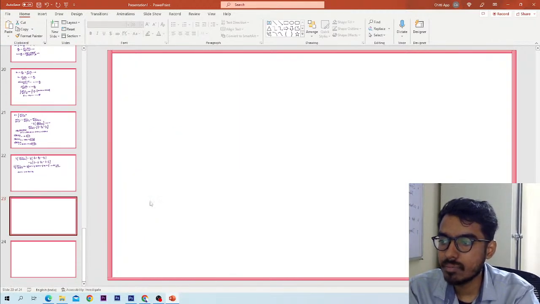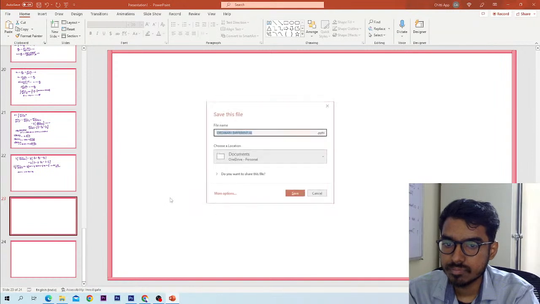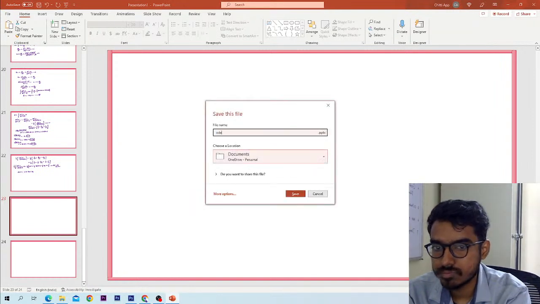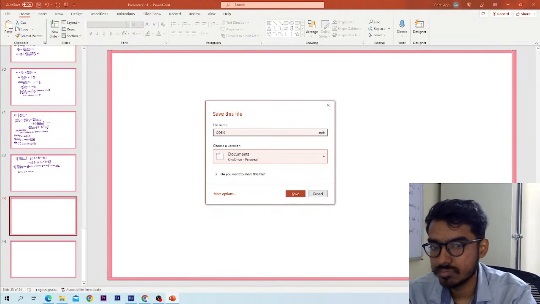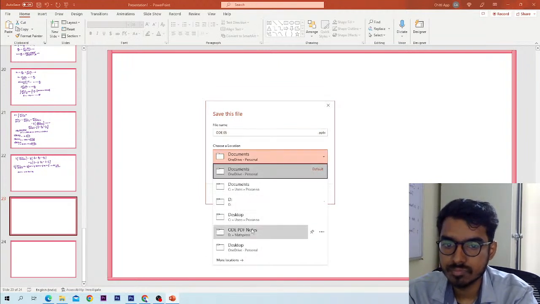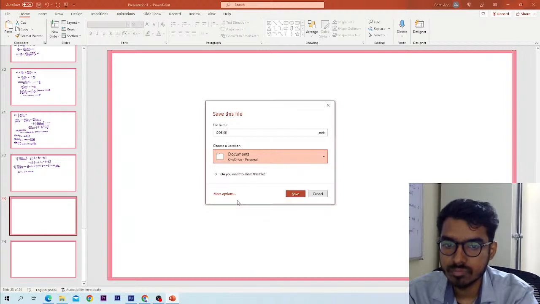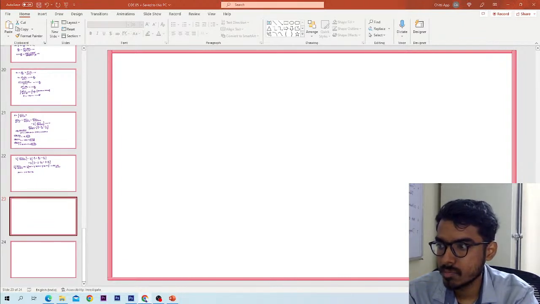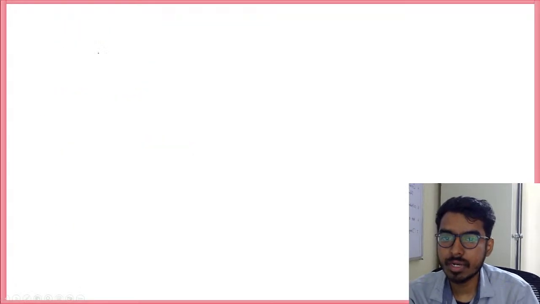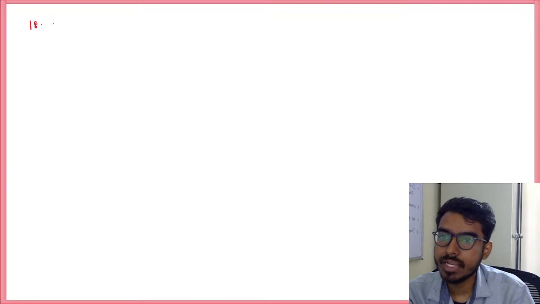To the 18th problem. I'll just show the solution. I'm not going to do that. 18th is the last problem on homogeneous differential equations.